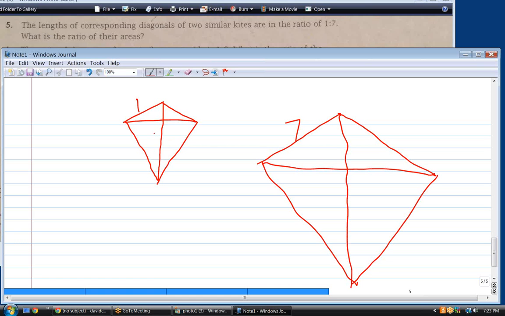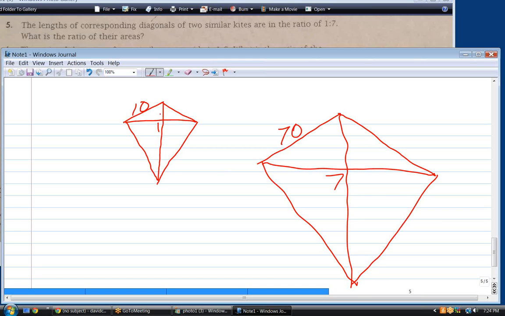They're saying if the length of this short diagonal, let me go back here and erase that 1 and that 7. If the length of that diagonal is 1, then the length of this diagonal is 7. And in fact, for all linear measurements, there's a 7-to-1 ratio. If this was 10, that's 70.